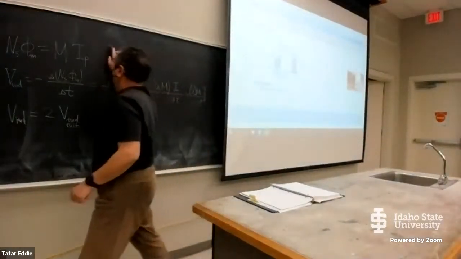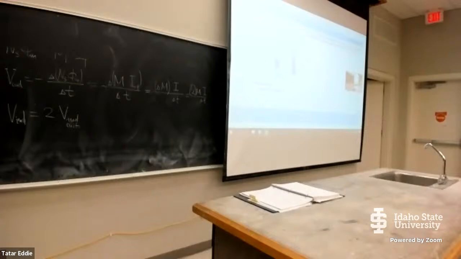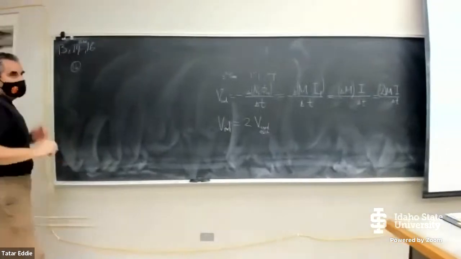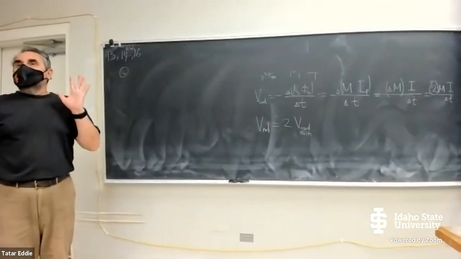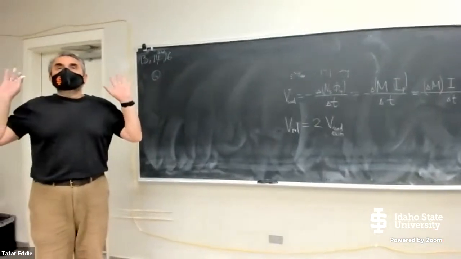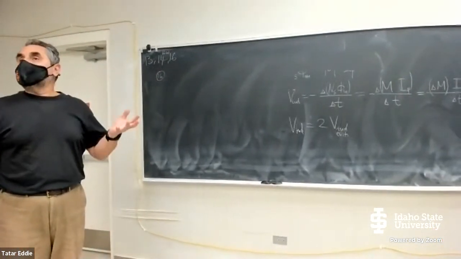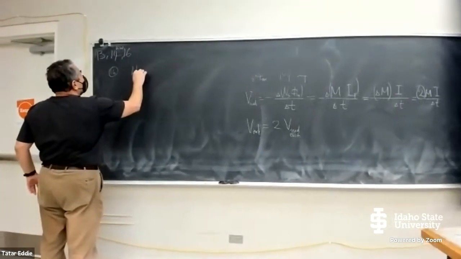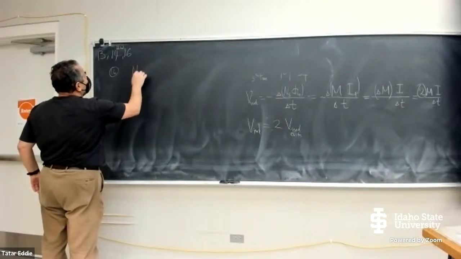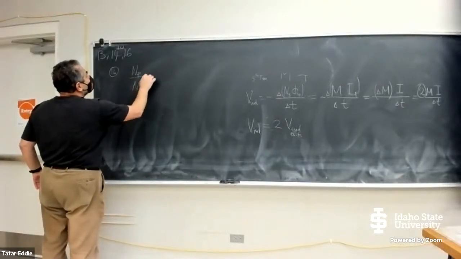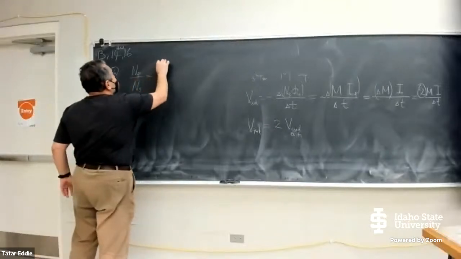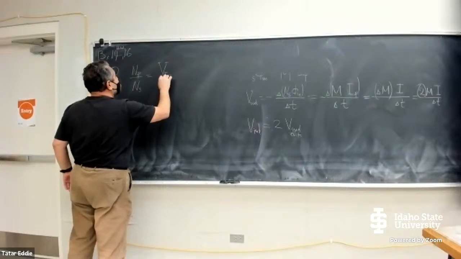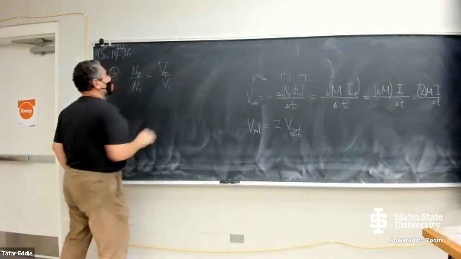Well, look. The basic equation that describes the number of turns and the voltages and the currents looks like this. Number of turns in the primary divided by number of turns in the secondary coil is the same as the ratio of the voltage in the primary to the voltage in the secondary coil.